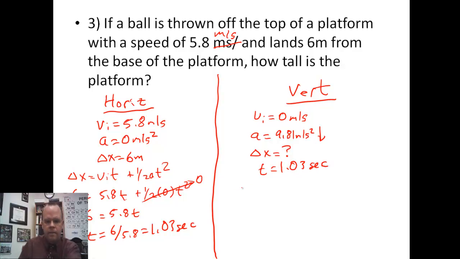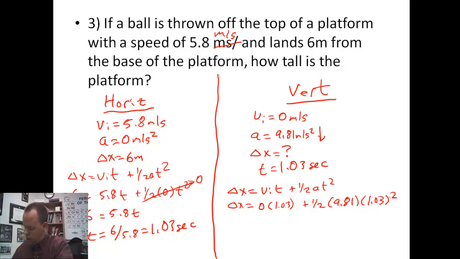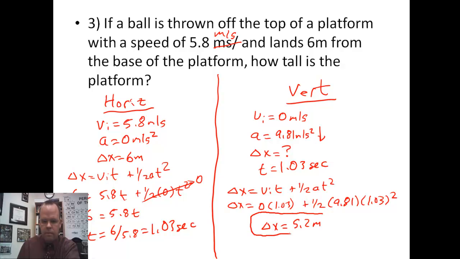So we can put time over here. Now we have enough information to solve. Delta x equals 0 times 1.03 plus 1/2 9.81 times 1.03 squared. Multiply this out, and you get a delta x of 5.2 meters.